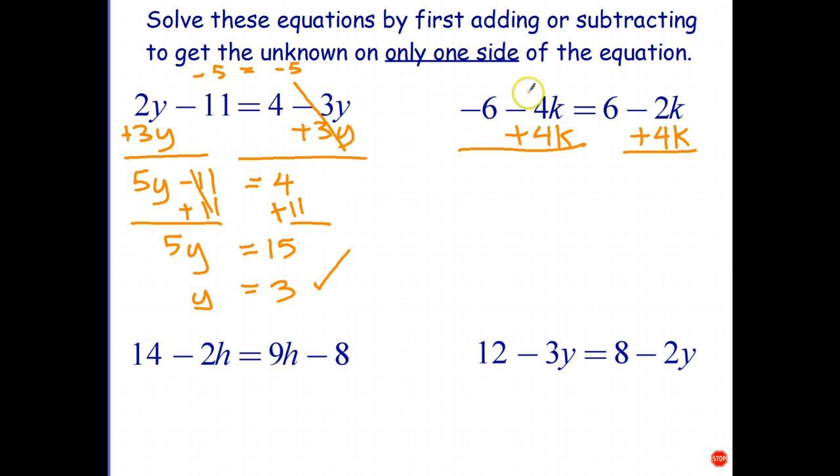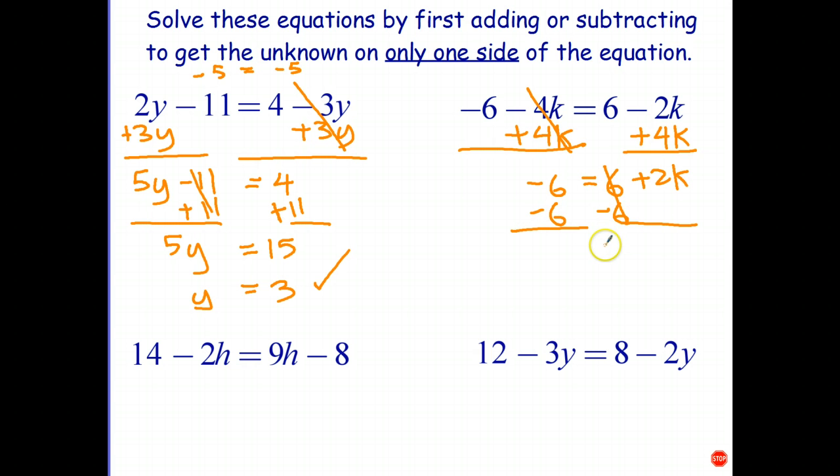So minus 4k plus 4k, that disappears, leaving just negative 6 equals 6. Minus 2k plus 4k is plus 2k. So that's left us with a positive coefficient on the k. Okay, we've done equations like this before, so we can subtract 6 from both sides.